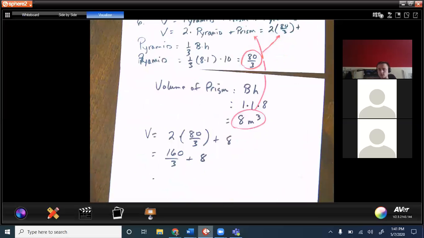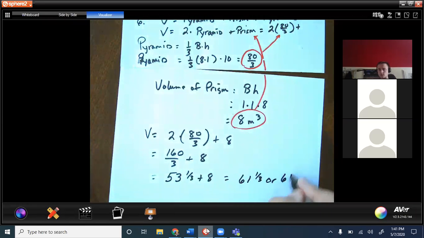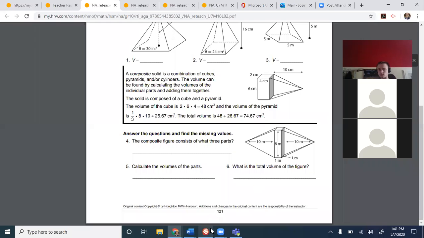In this case, that would be, let's see, 150, so 53 and 1/3 plus 8. And so we end up with 61 and 1/3, or 61.3 repeating. Is that in meters? Let's take a look. Yep, meters it is.